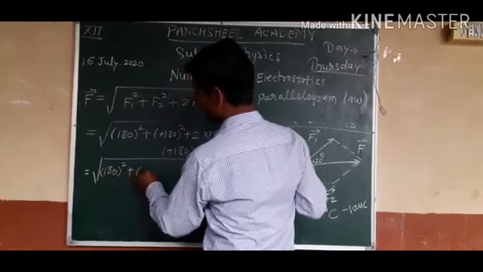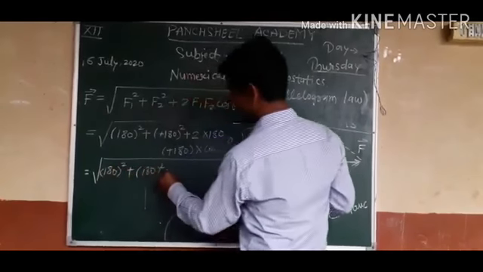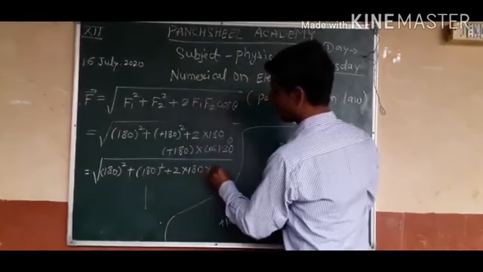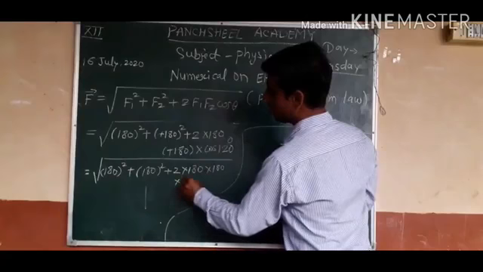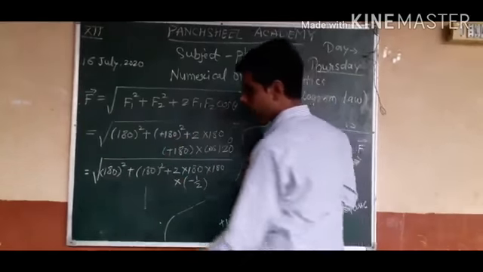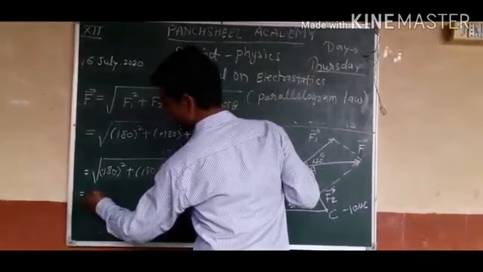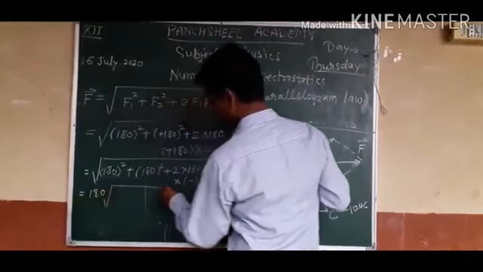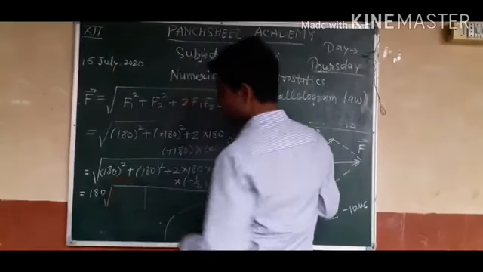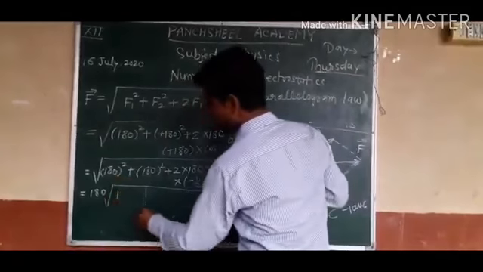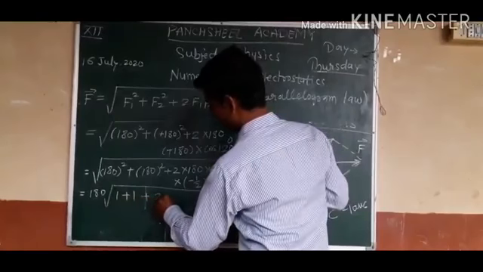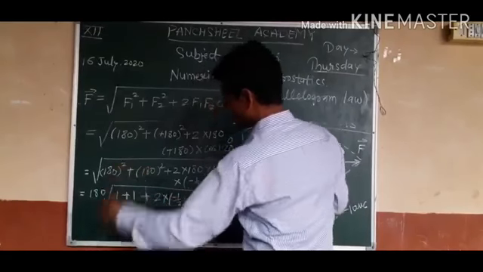Whole square of 180, also whole square of 180, plus 2 into 180 into 180 into, what is the value of cos 120, that is minus 1 by 2. Okay, now if you take 180 out of the root, then what is the remaining? 1 and also 1 and also 2 into minus 1 by 2.